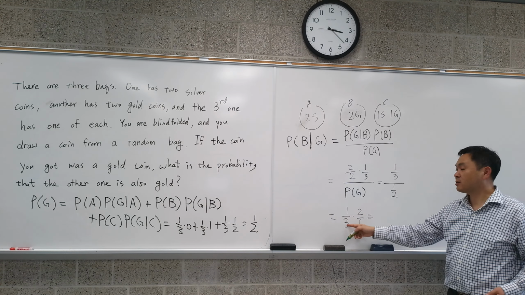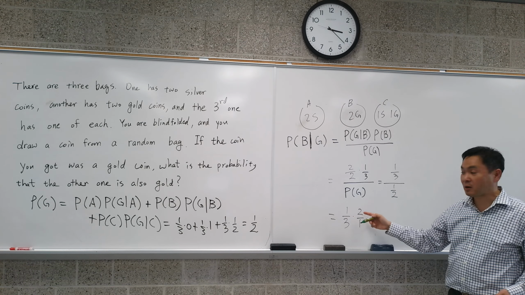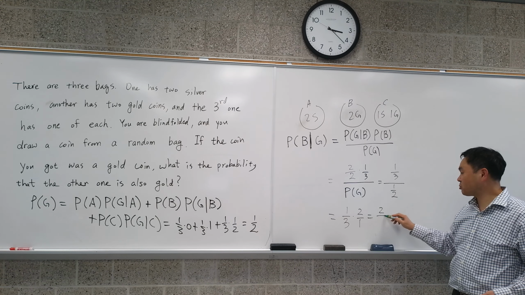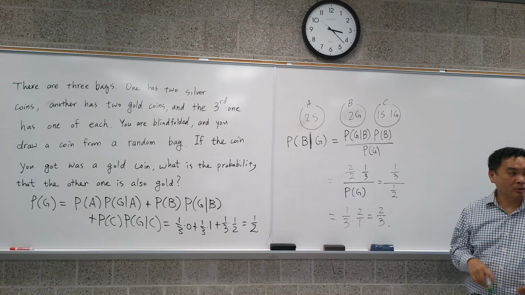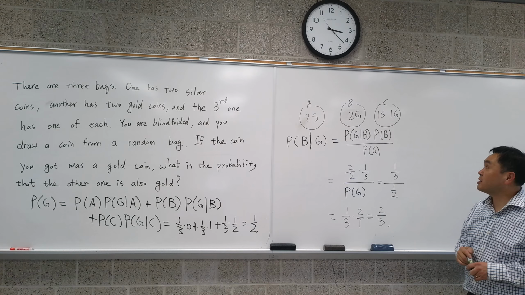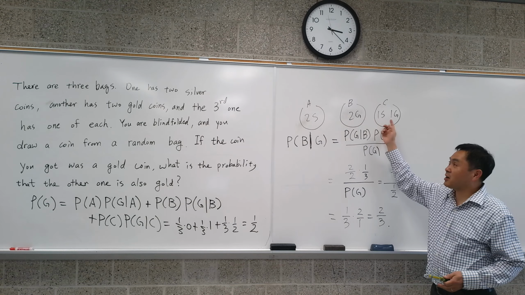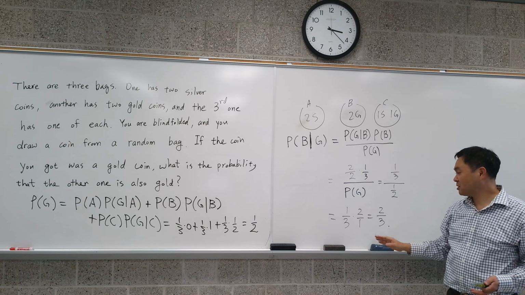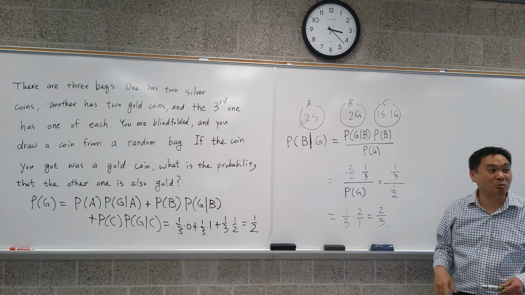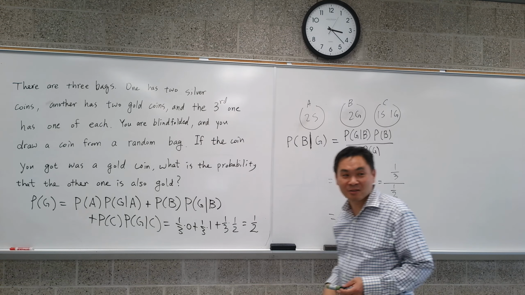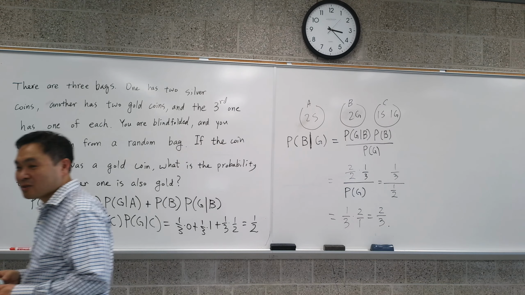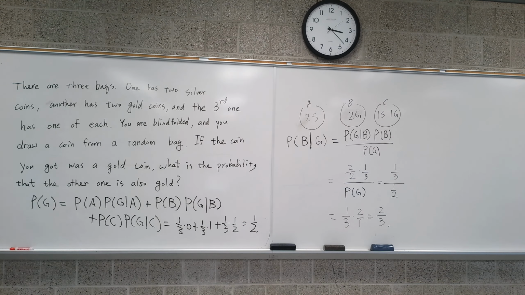And when you multiply fractions top to top, bottom to bottom, you get 2 over 3. Okay? So indeed, contrary to your gut instinct that it should be either this or that, so 50/50, no, there's a lot more probability that the other one is gold as well. It's counterintuitive.